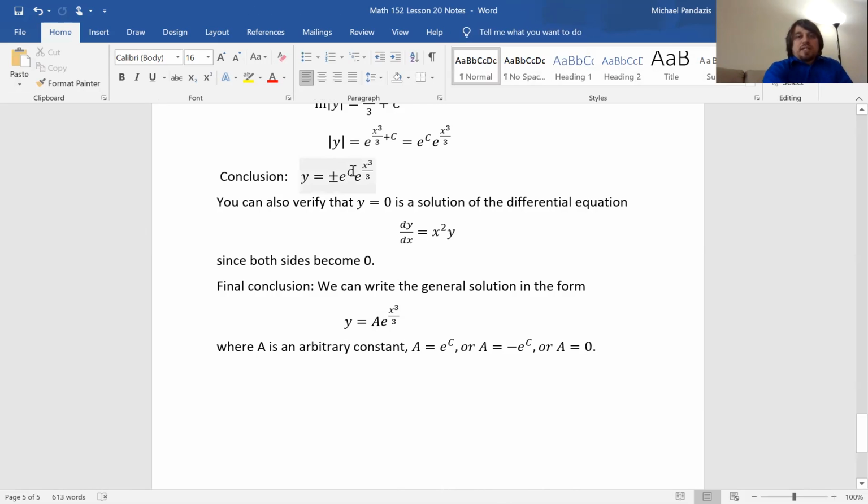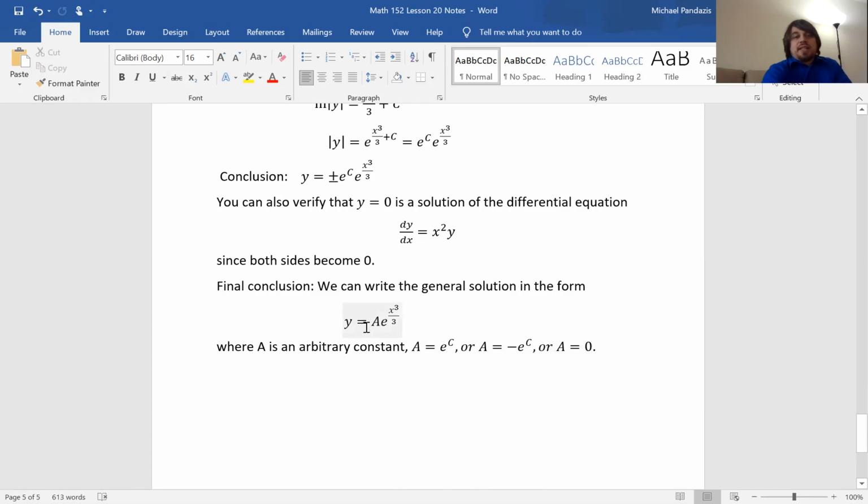So if y is of this form, or y equals 0, you can write this e to the c as capital A, where capital A is e to the c, or negative e to the c, or if you want to consider the solution y equals 0, then you let A equal 0. Since you can choose any c you want, e to the c is any positive value. Negative e to the c is any negative value, or A equals 0.